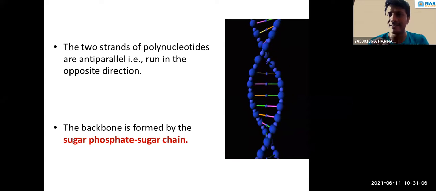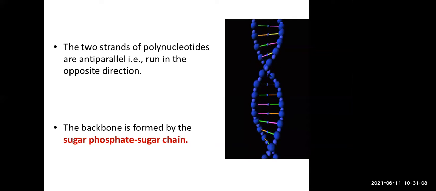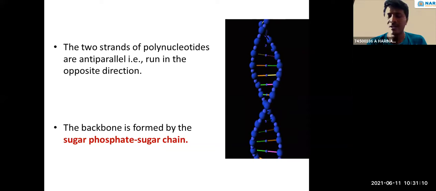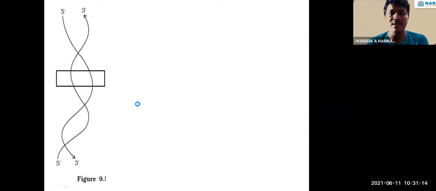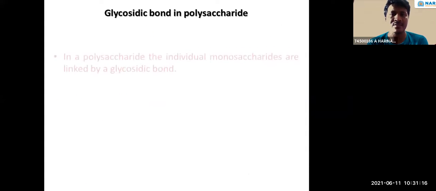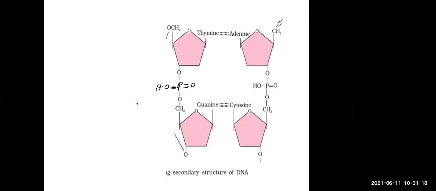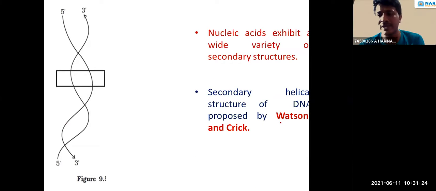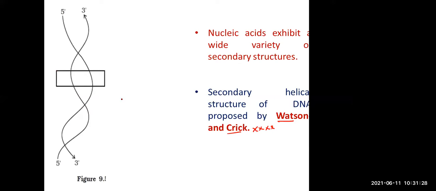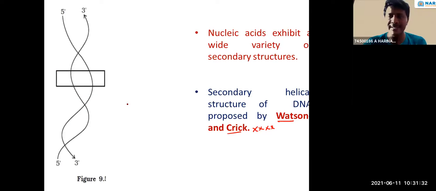This is the secondary helical structure of DNA, explained by the scientists Watson and Crick. Watson and Crick explained the secondary structure of DNA. Very important. They explained this right-hand helix.